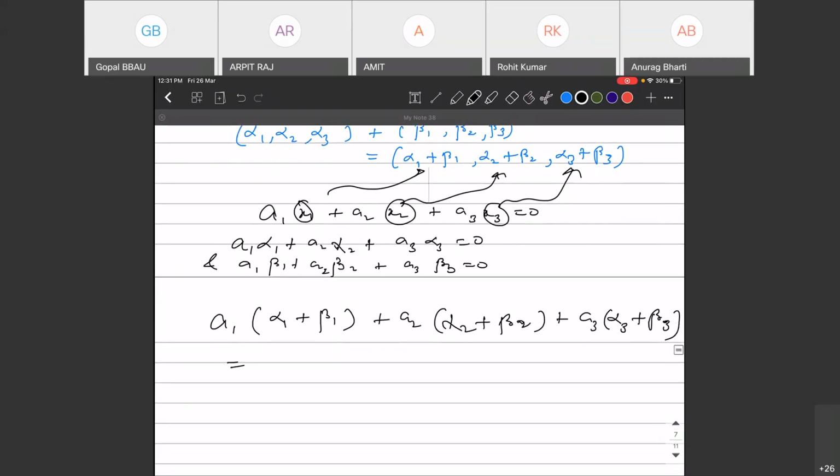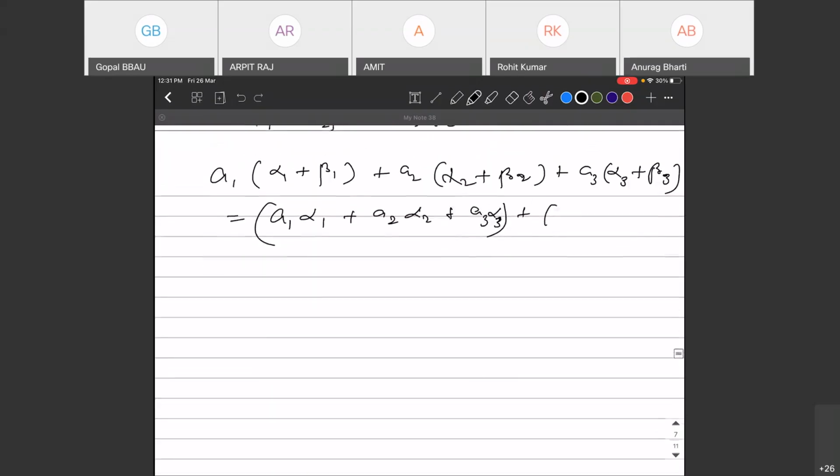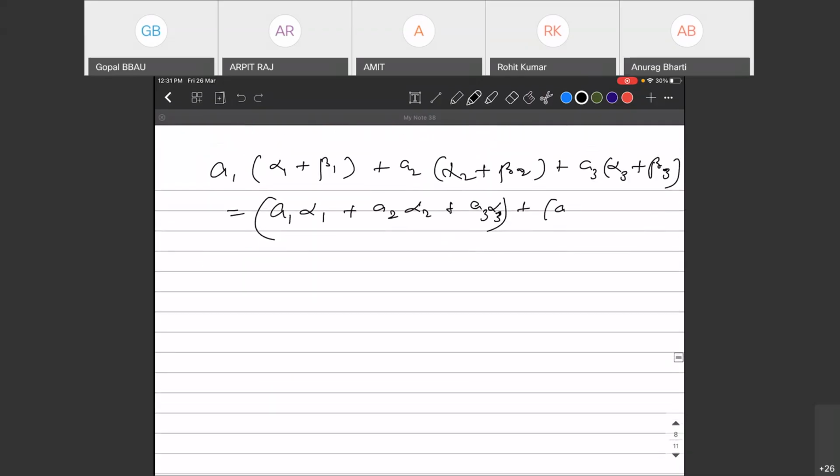So what you get is alpha 1 A1 plus A1 beta 1, A2 beta 2, A3 beta 3, and so on.